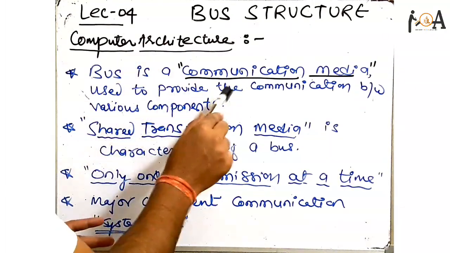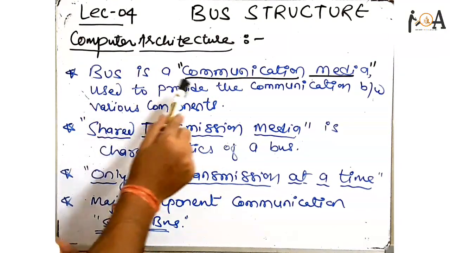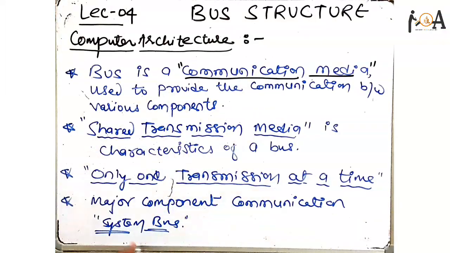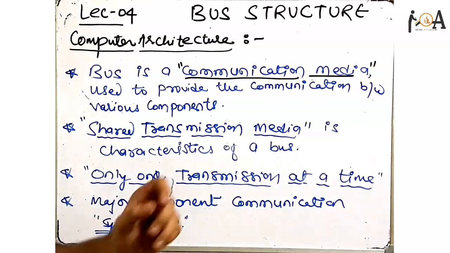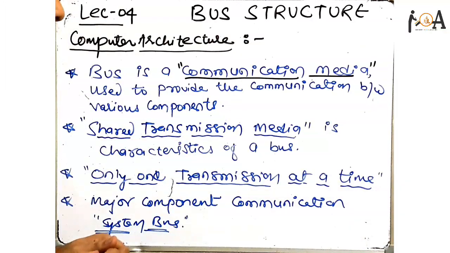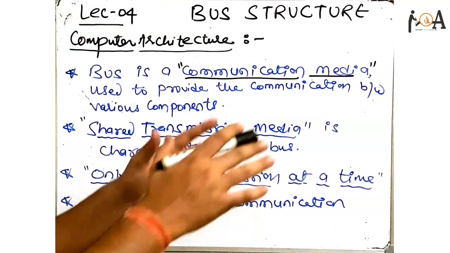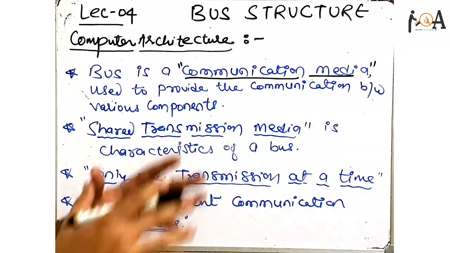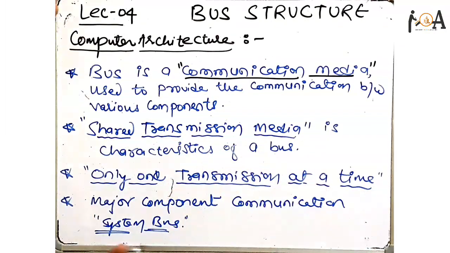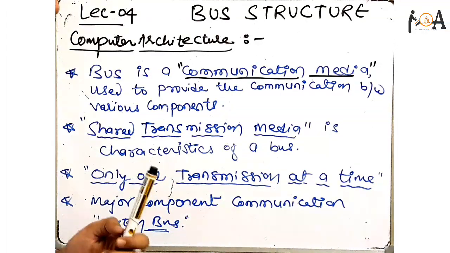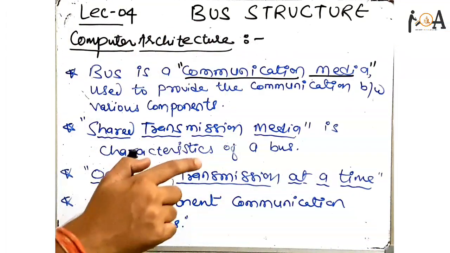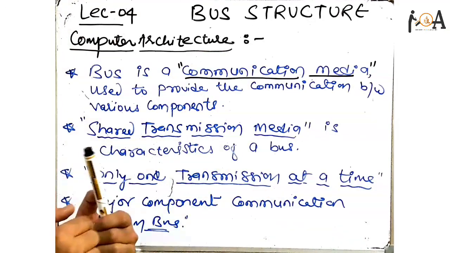So bus is a communication media which is used to provide communication between various components. What do various components mean here? In a computer system, if we want to communicate between various input-output devices, various memories, if you want to connect your memories to the CPU, or if you want to communicate between the CPU and an input-output device.